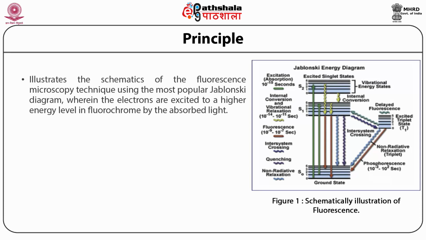Figure 1 illustrates the schematics of the fluorescence microscopy technique using the most popular Jablonski diagram, wherein the electrons are excited to a higher energy level in the fluorochrome by the absorbed light.